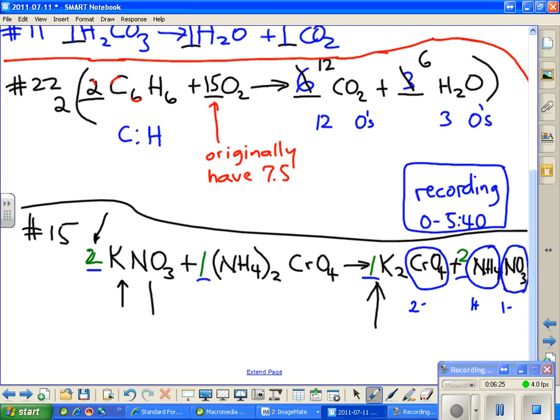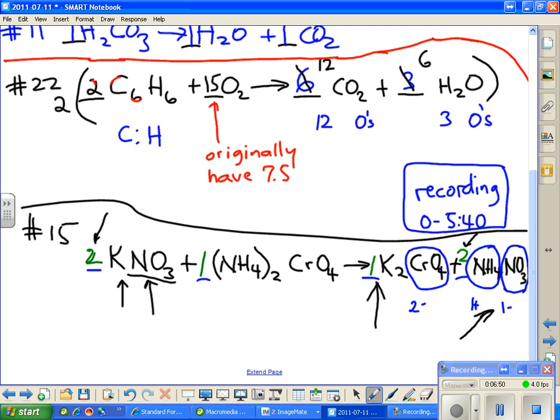Next, we have to look at the nitrate, the NO3, and for the nitrate to be NO3 with a 2 out front, we have to look over at the right side where we see our nitrate here, and there's only 1 of them, so the coefficient of 2 is required so that we can get 2 nitrates.